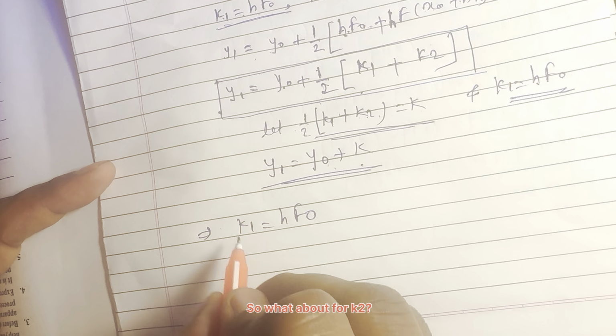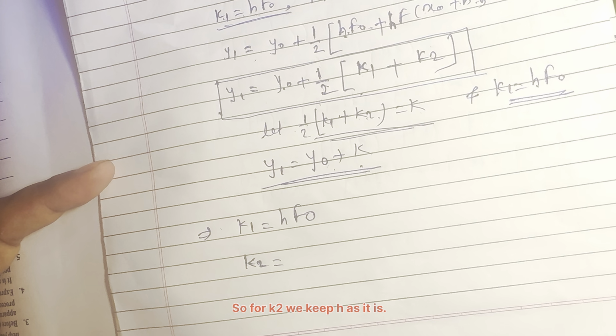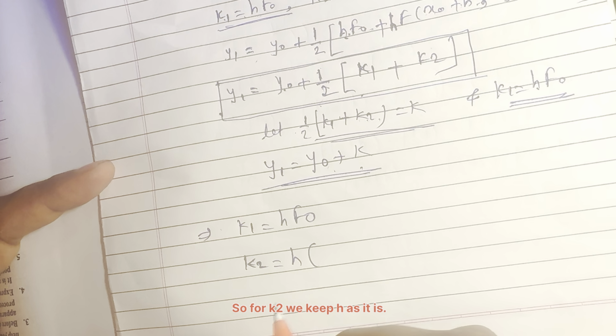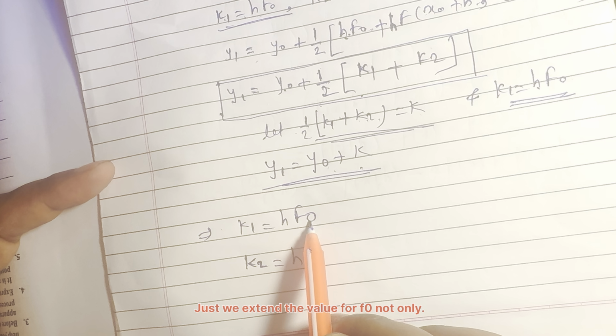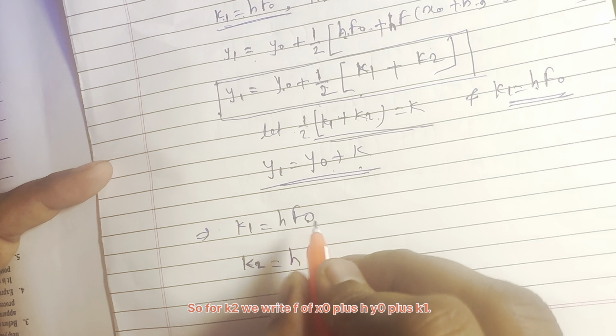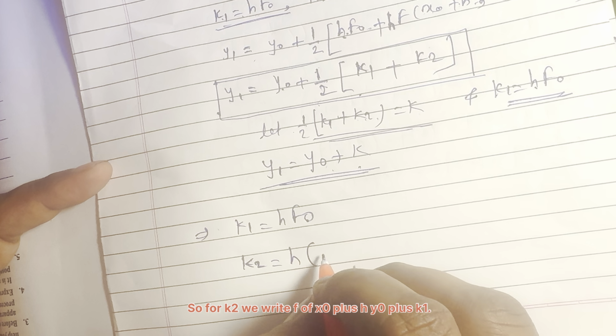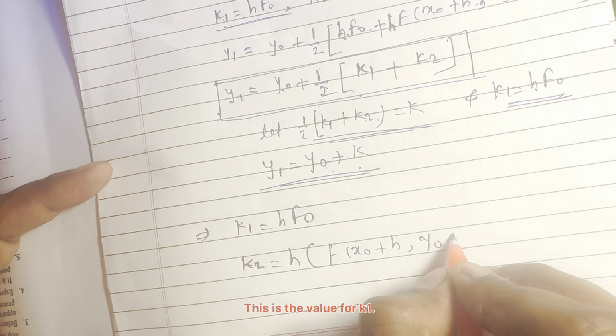So what about k2? How are you going to write k2? For k2 we keep h as it is, and we just extend the value for f0. So for k2 we write f of x0 plus h, y0 plus k1. Okay, we write f of x0 plus h and y0 plus k1.